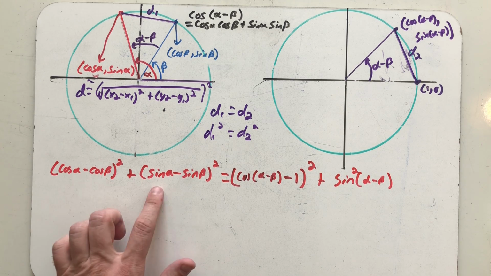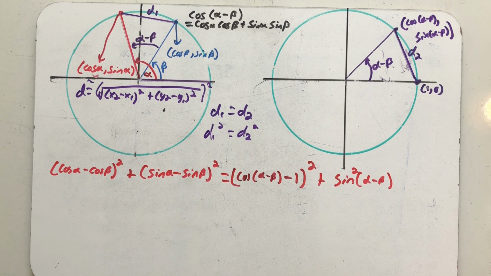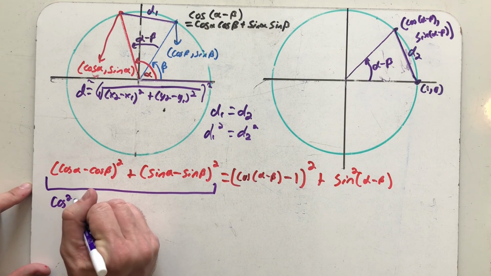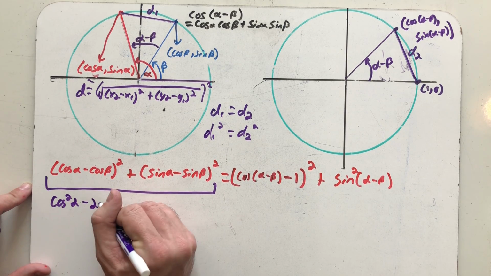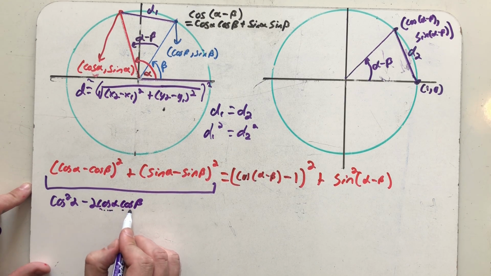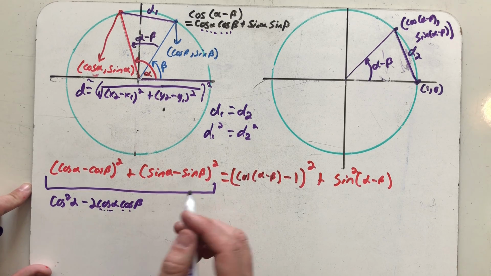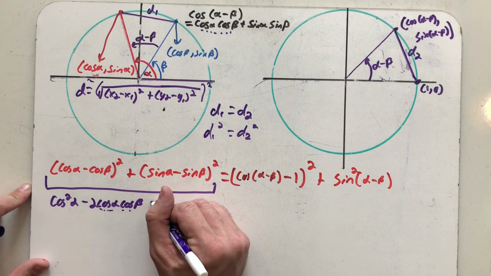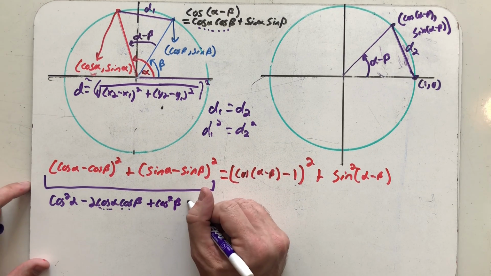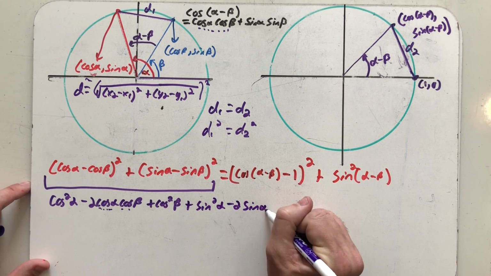So I just need to go through and square what needs to be squared. On the left-hand side: cosine squared alpha minus 2 cosine alpha cosine beta. That's the first time in my derivation I see something that's starting to look like the right-hand side of the identity I'm trying to verify. Then finally plus cosine squared beta. Now I do the same thing on this binomial: sine squared alpha minus 2 sine alpha sine beta.